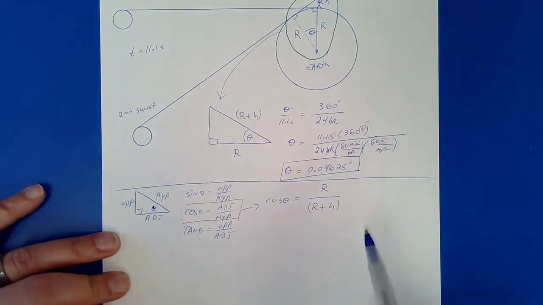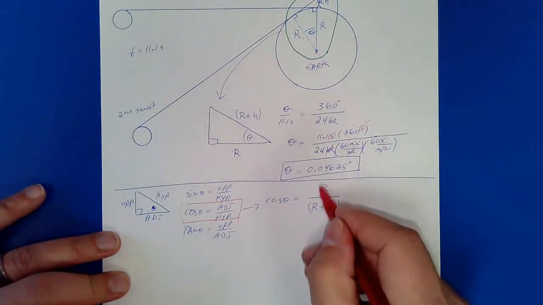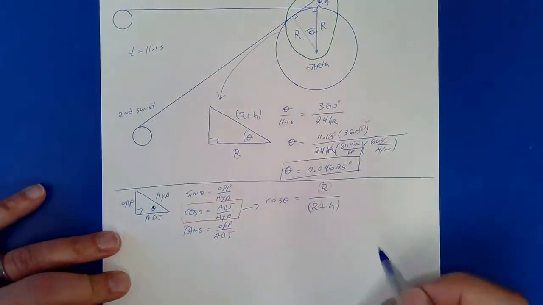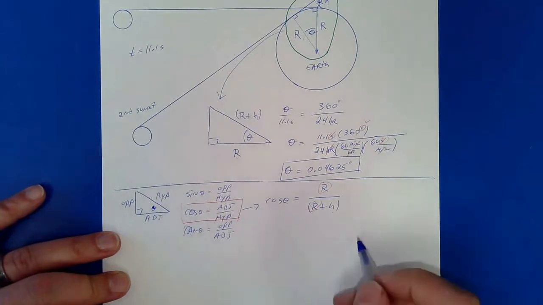Again, I know h and I know theta, so I have a number here and a number there. The variable I'm trying to solve for, r, is in two places, so I have to do some algebra to get that variable alone.